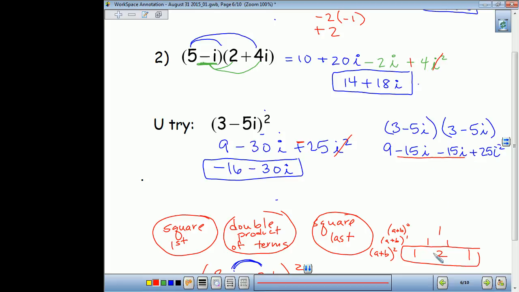That's why I said I would never use Pascal's on this. I would either write it out twice or I would square the first, double the product, square the last. So either way, this negative 5 times negative 5 makes a positive 25, but the i squared is going to turn that right back into a negative 25.